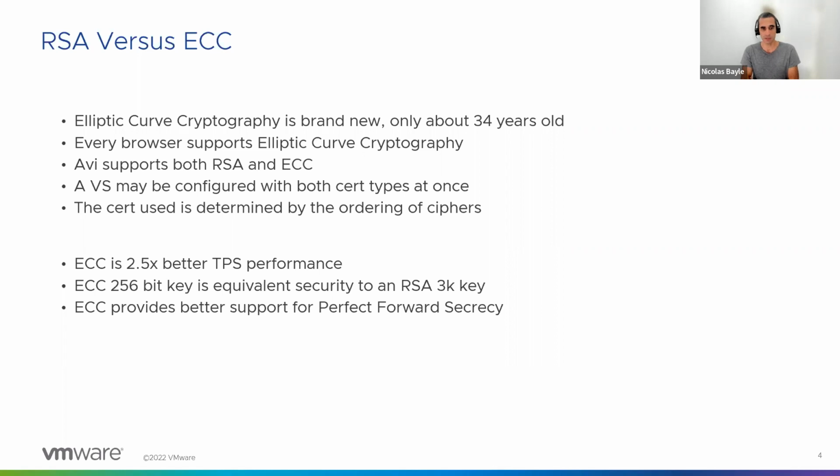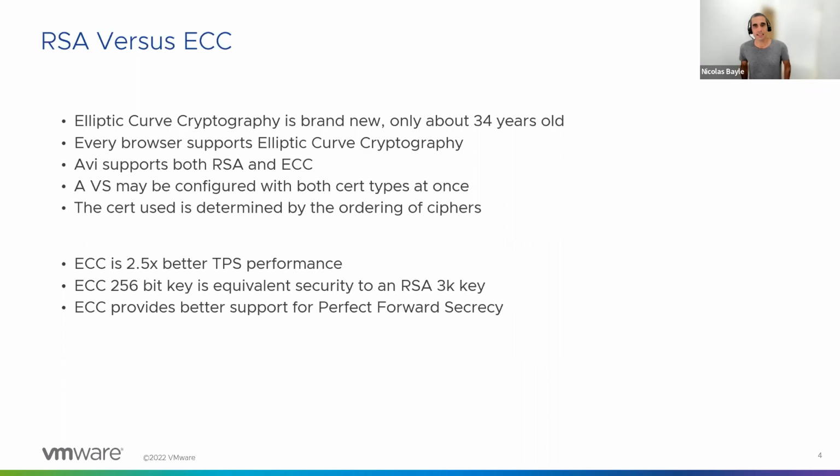And if you are using a software solution here, elliptic curve will scale better than RSA. This is one reason also we encourage you to use elliptic curve certificate. And the last one is about the support of perfect forward secrecy, which we will review just after this slide. It provides a better support for PFS.